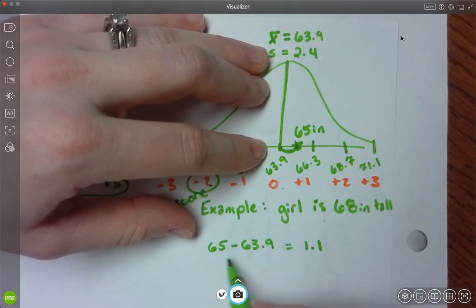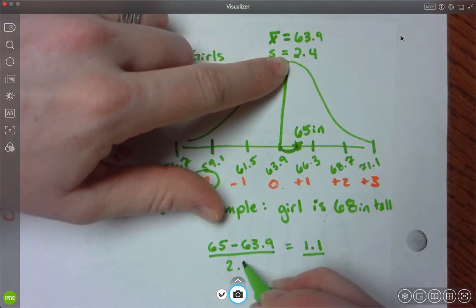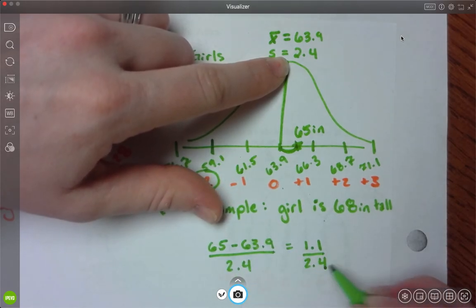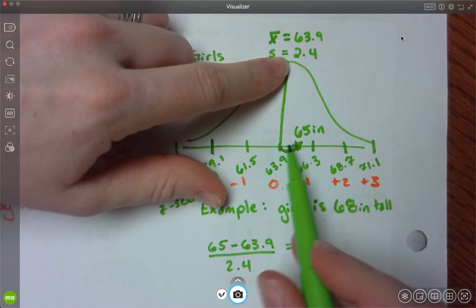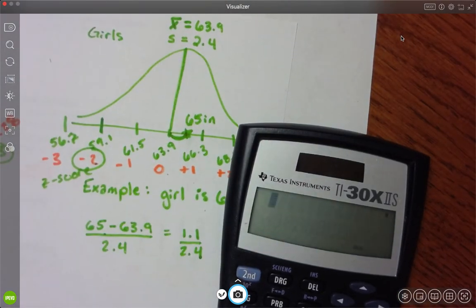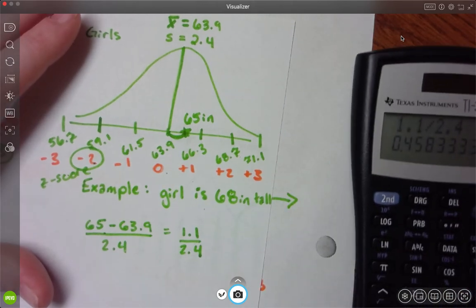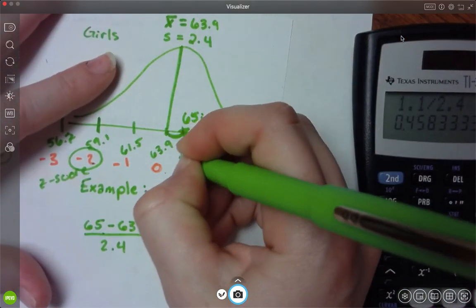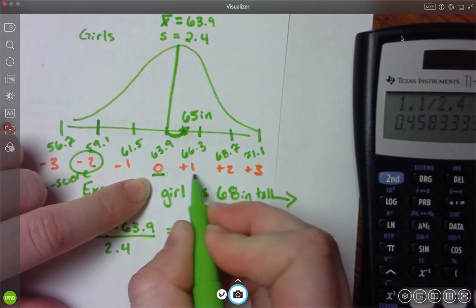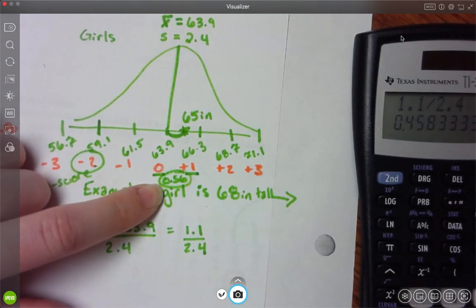And then I would divide that number by the standard deviation, which is 2.4. So I'm subtracting to find how far she is above average and dividing by 2.4. So 1.1 divided by 2.4 gives me 0.45, or 0.46. So her z-score isn't 0, it's not 1, it is about 0.46, which is partway between 0 and 1.